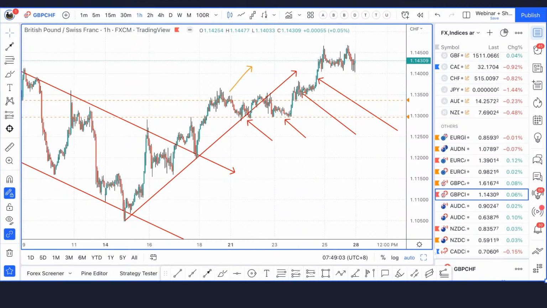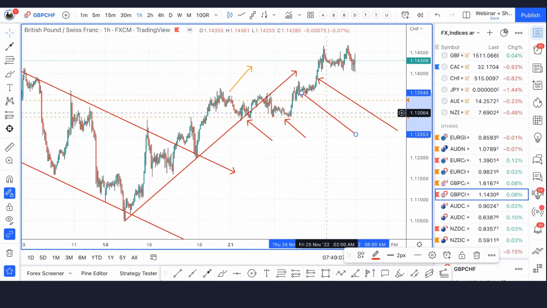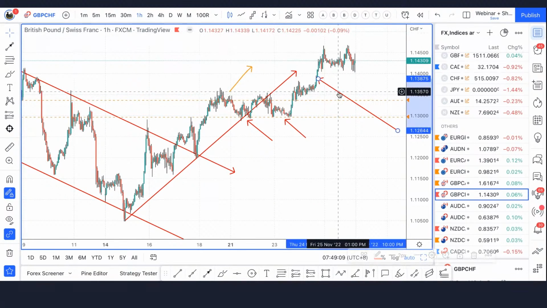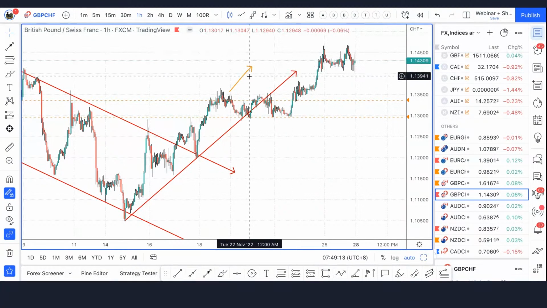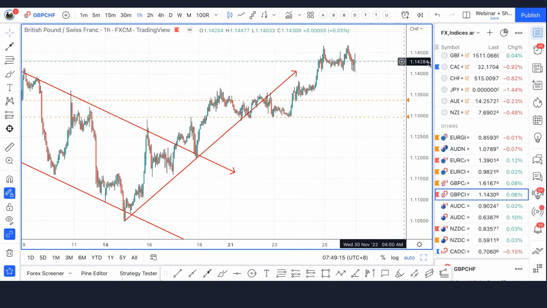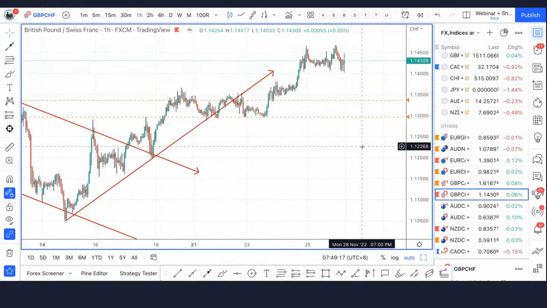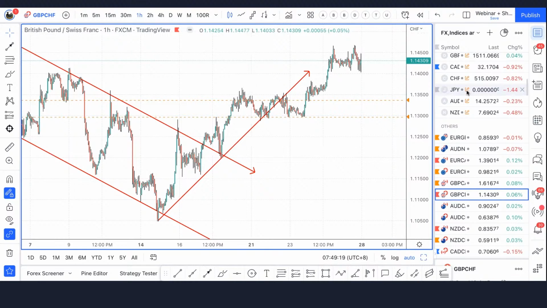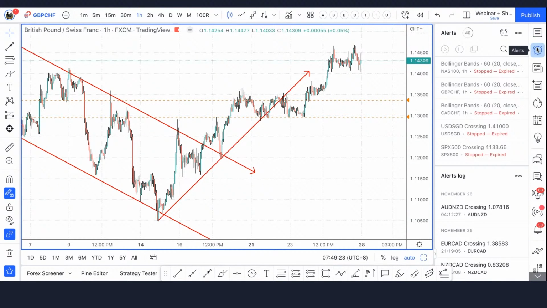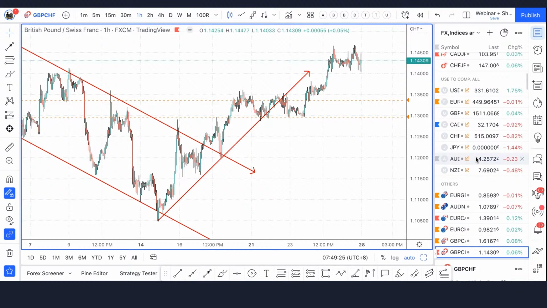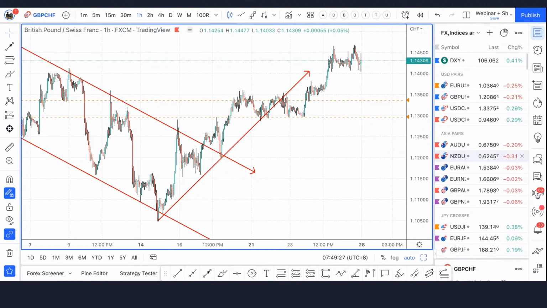So pretty much you have decent opportunity if you were having this bias of this pair to go higher. This is how you can approach this pound Swissy for the week that has passed. Okay, so pretty much this is the review for the past week.